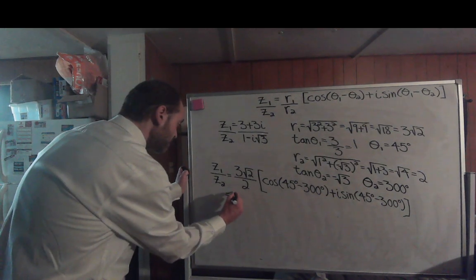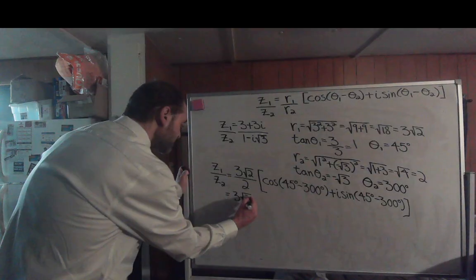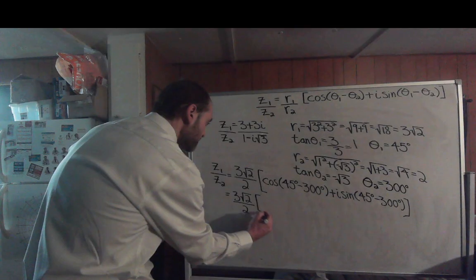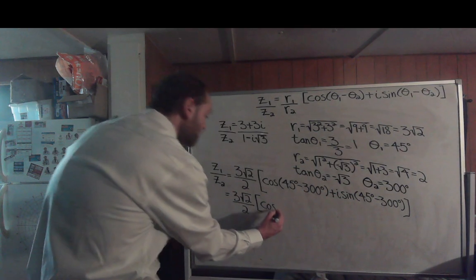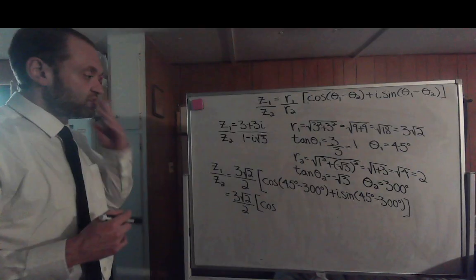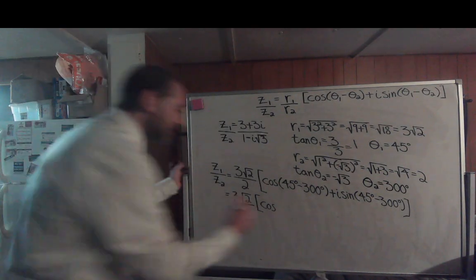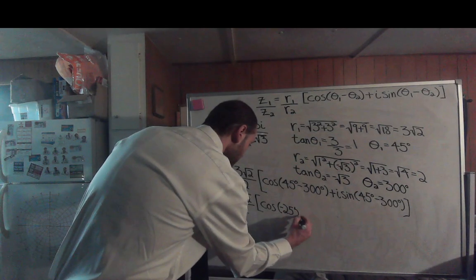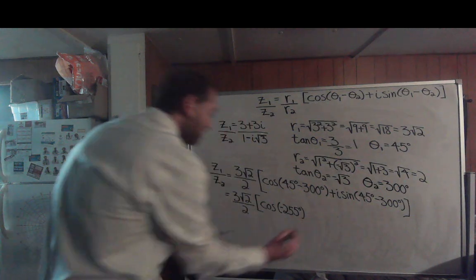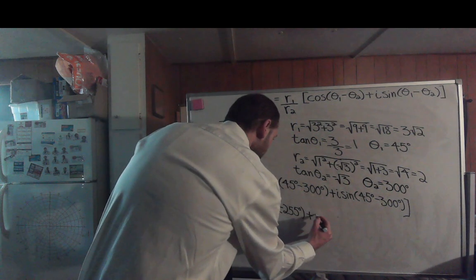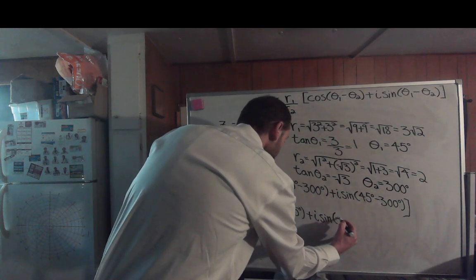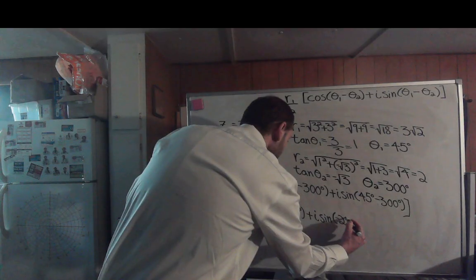So this would still be 3 times the square root of 2 all over 2 times the cosine of, all right, 45 minus 300, that'd be negative 255 degrees, plus i times the sine of negative 255 degrees.